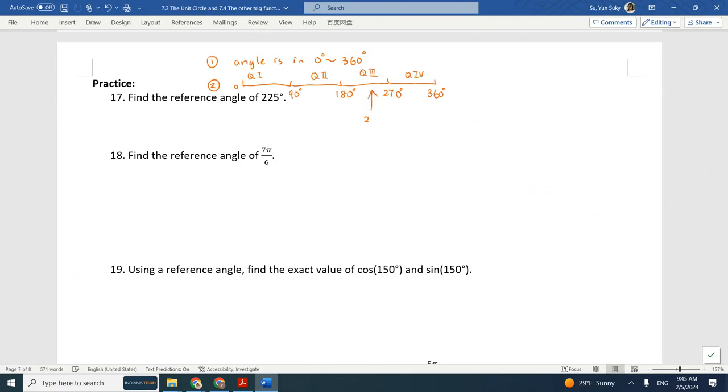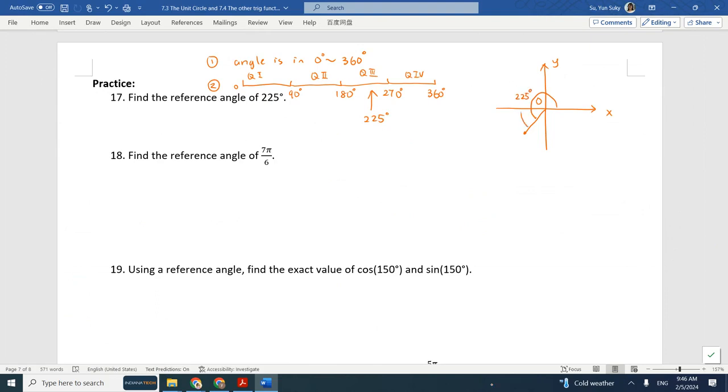3, right here. Okay, so we draw the picture. This is the x-axis, the y-axis, and 0. 225 degrees is in quadrant 3. So draw quadrant 3. That's 225 degrees. Here, from here to here is 225 degrees.